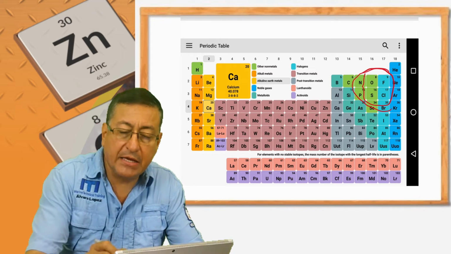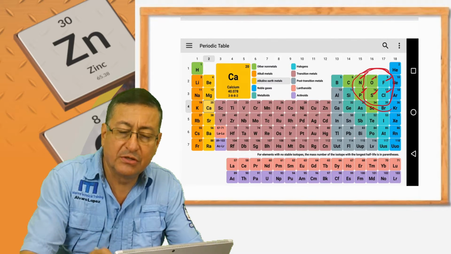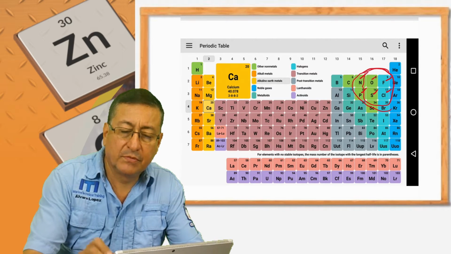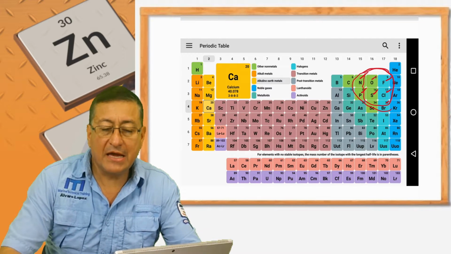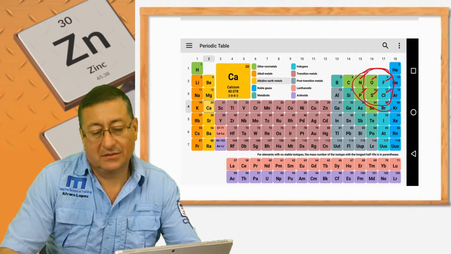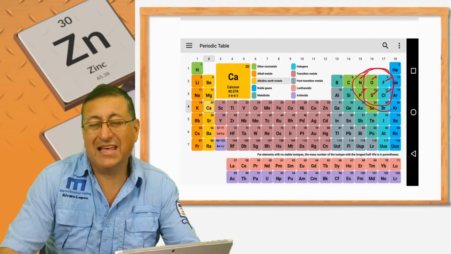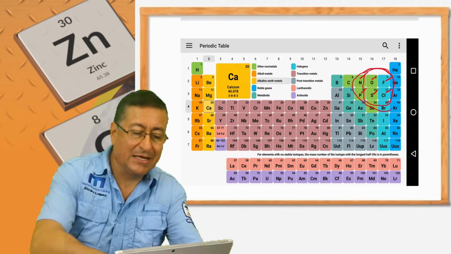We have fluorine, oxygen, chlorine, sulfur, phosphorus, nitrogen, bromine, but basically fluorine, chlorine, sulfur, oxide, nitrogen and phosphorus affect corrosion a lot, they accelerate it.